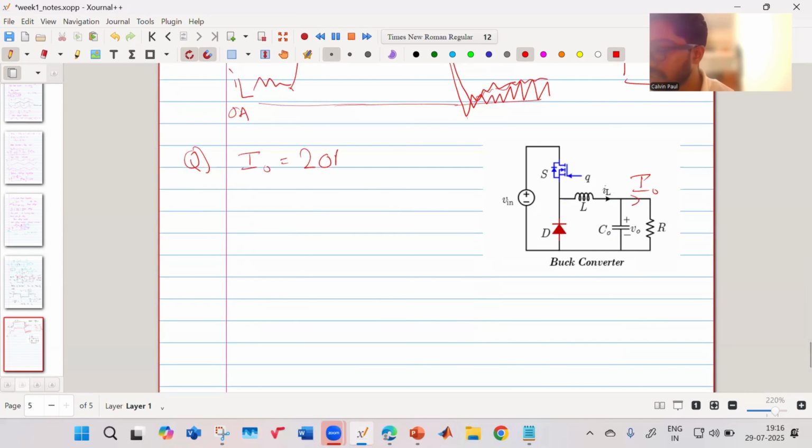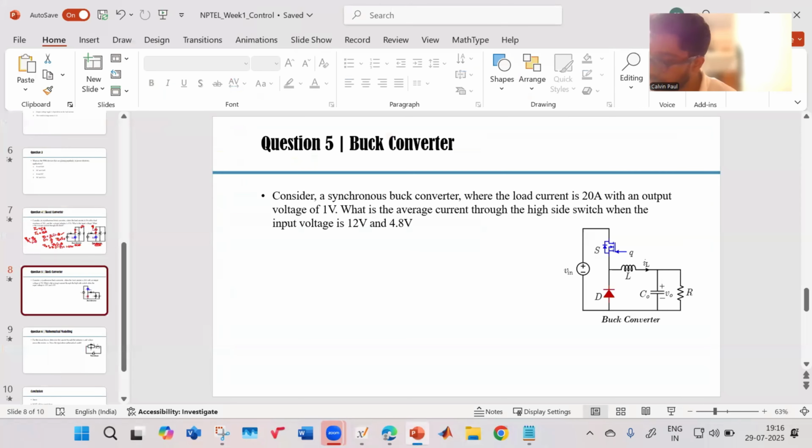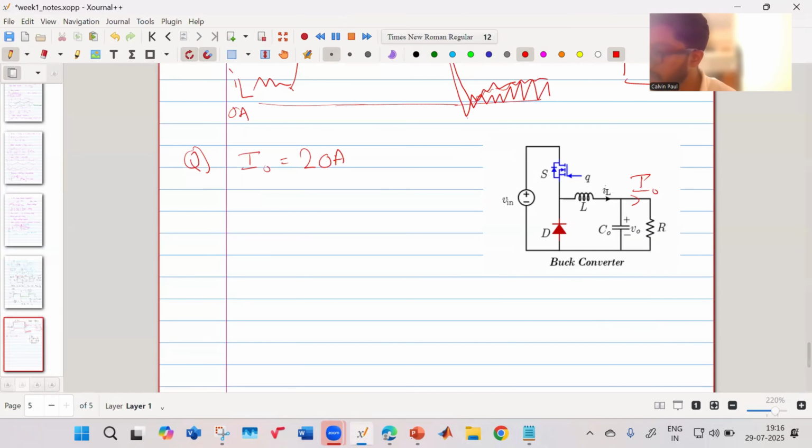Okay, so we have the load current, I output, which is equal to 20 ampere. They have told output voltage of 1 volt. And your input voltage has two cases: one is a 12 volt case and one is the 4.8 volt case.